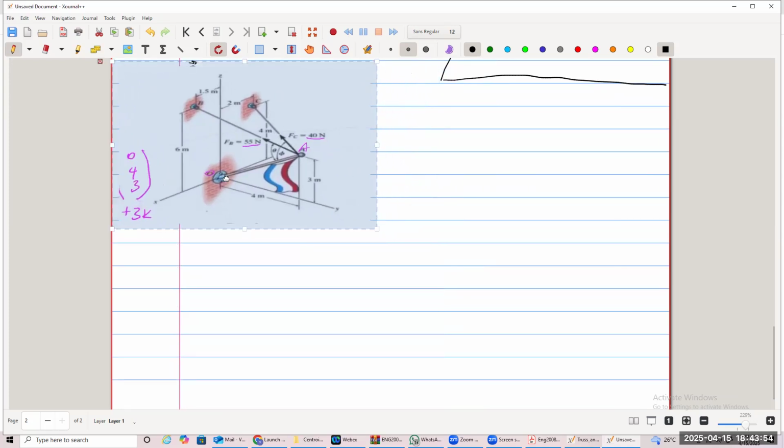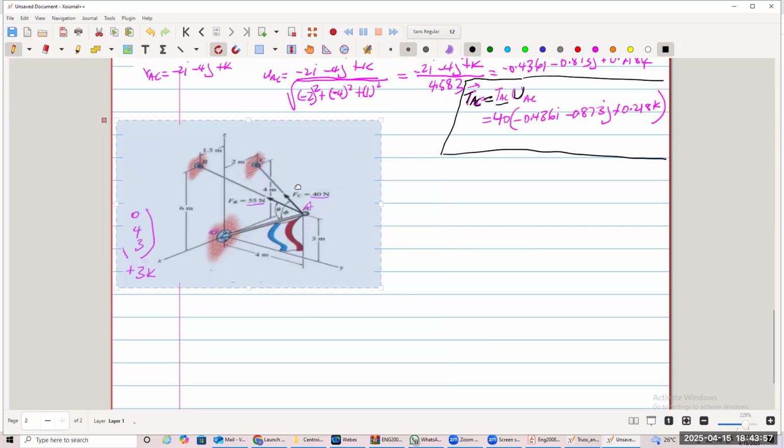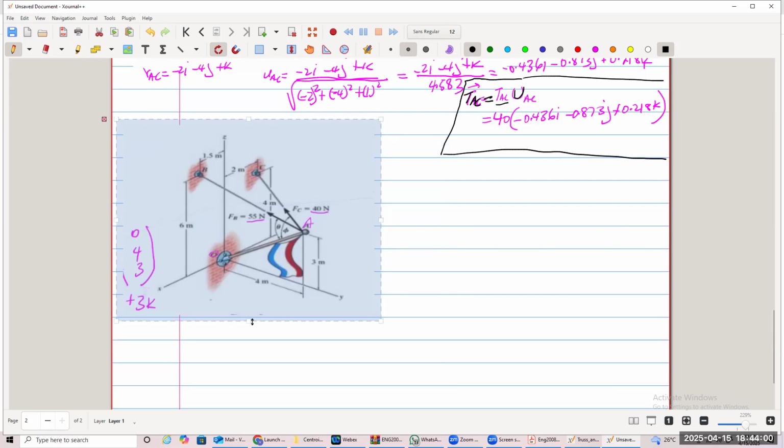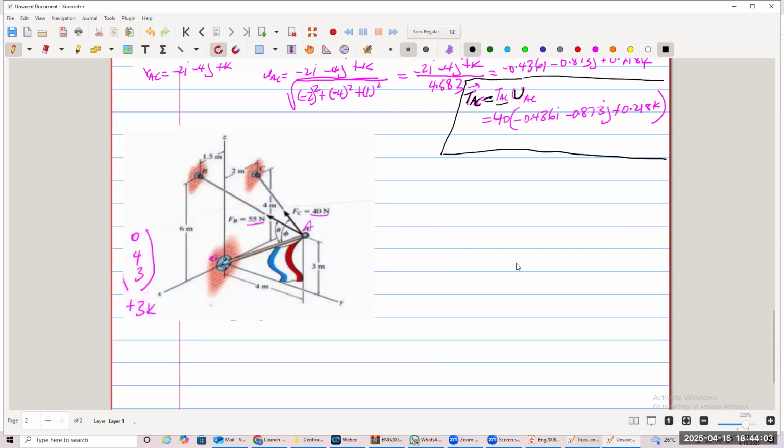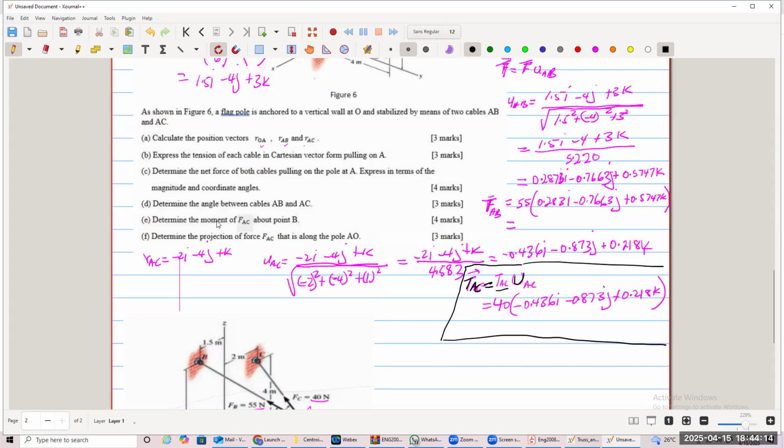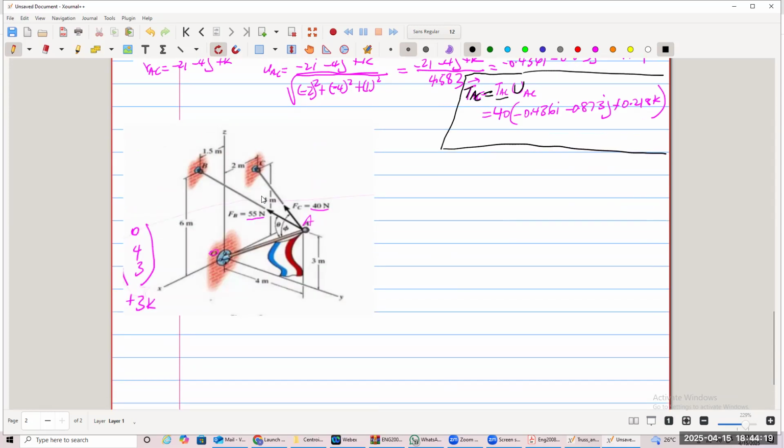How do we do this? Can you see the axis that they want? Now, it's about a point, they say. So you must find a moment about a point. The moment about B is going to be equal to what now?